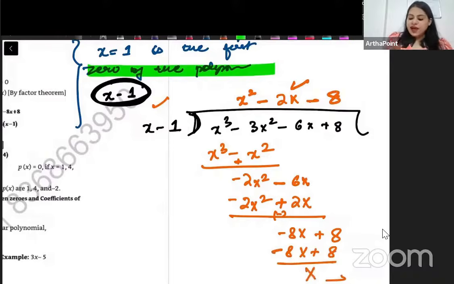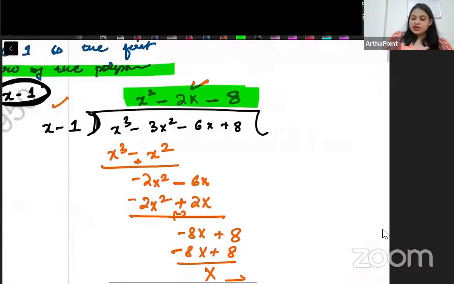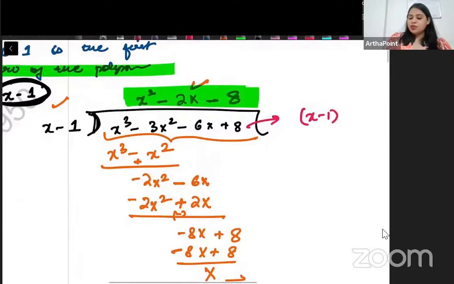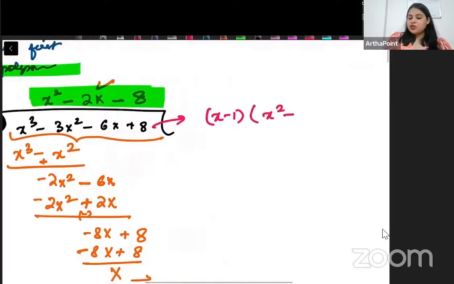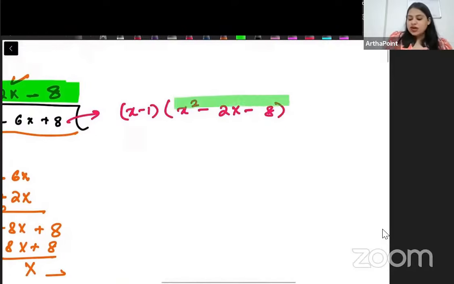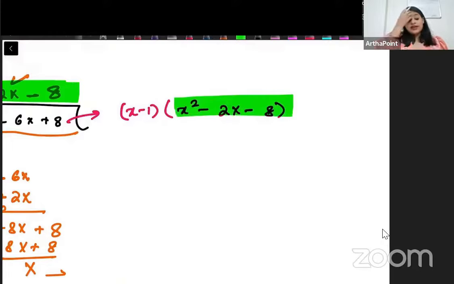So the remaining factor that you will have will be this. That means that this polynomial, beta, can be rewritten as x minus 1 into x square minus 2x minus 8. Now find the zeros of this. You have to factorize this such that it becomes 0.